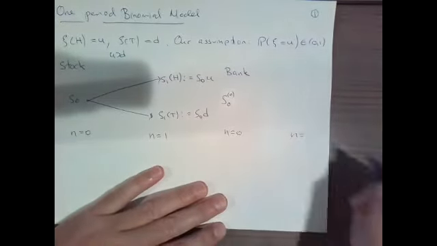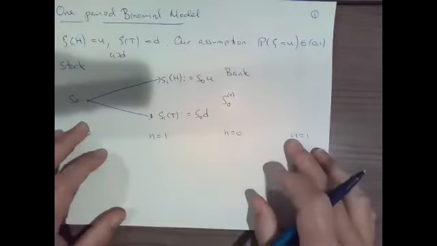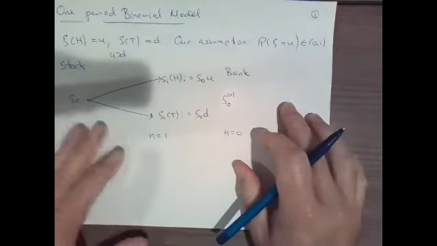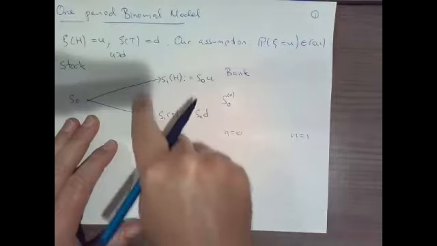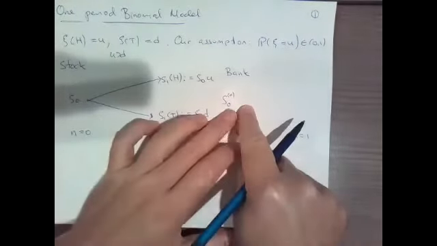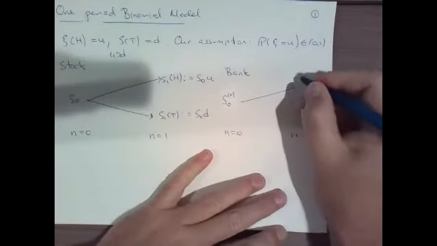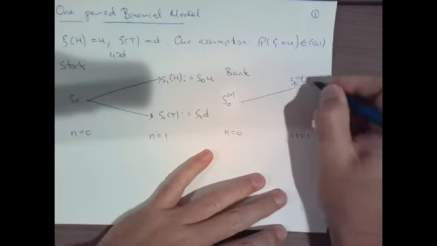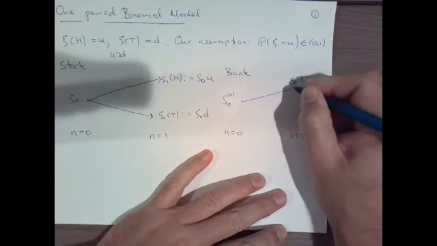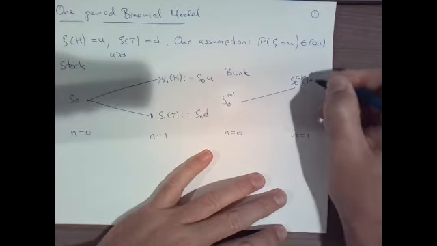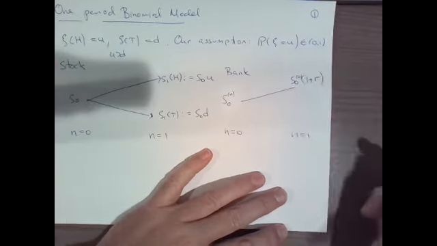Then at the end, the big difference between the stock and the bank is that the stock can take two values, and the bank can only take one. The bank goes from what it was to whatever it was times 1 plus r.